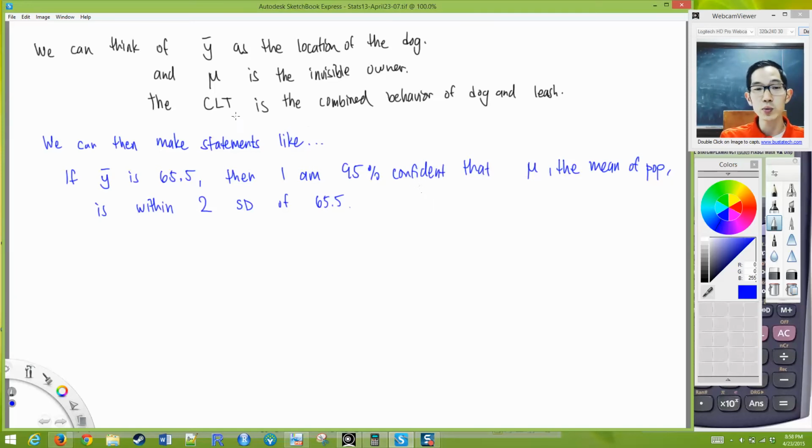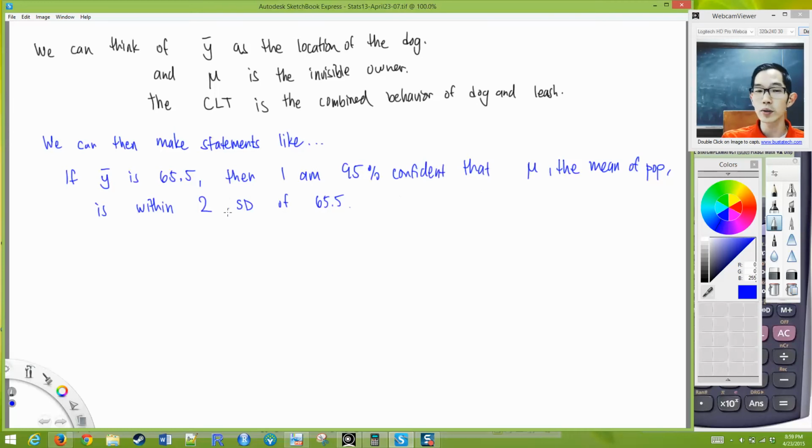Because of the central limit theorem, because we know that y bar comes from a normal distribution, we can be confident that if y bar is located at 65.5 or wherever it is, then the population mean mu shouldn't be very, very far away from that. That's still not very accurate, though.